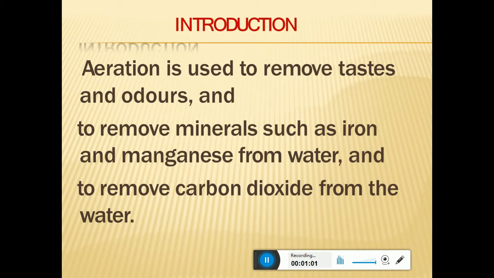Okay, so water may contain some dissolved gases and impurities, and water has to be enriched with oxygen. If this aeration is done, then the exchange of gases takes place. Because of that, the water will be rich in taste, and the bad odor due to the H2S and carbon dioxide and other dissolved gases, the taste of the water improves, and the water gets enriched with the oxygen.